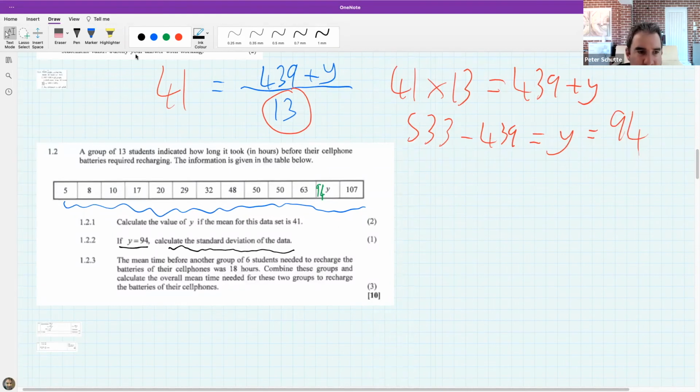Komotsile, the 439 you just get by adding up all of these items and this one. And then we set up an equation to figure out that y was 94. At the moment, we're trying to find the standard deviation using the skills we've learned in earlier lessons.